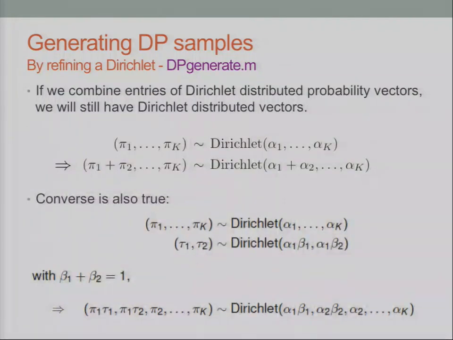If you sample these tau1, tau2 values from a two-dimensional Dirichlet, which is also called a beta distribution, and then multiply the corresponding entries, like this, pi1 times tau1 and pi1 times tau2, similar to alpha1 times beta1 and alpha1 times beta2. I think there's a typo there. Making sure that beta1 plus beta2 is equal to 1, then you get a Dirichlet distribution.